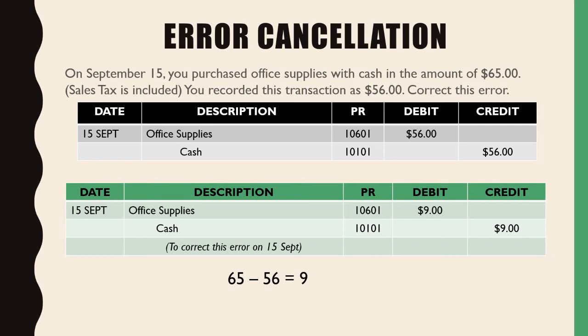Therefore, I need to add $9 more to supplies, and I need to spend $9 more of my cash, because in my pocket, I don't have $14. I only have 5. Okay. So this is the error cancellation.